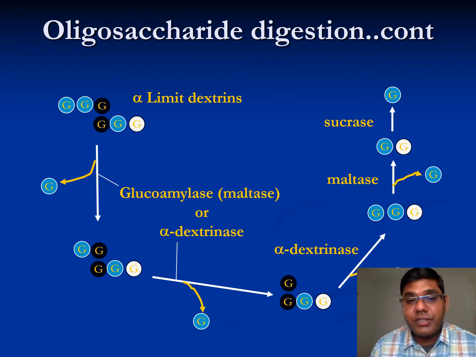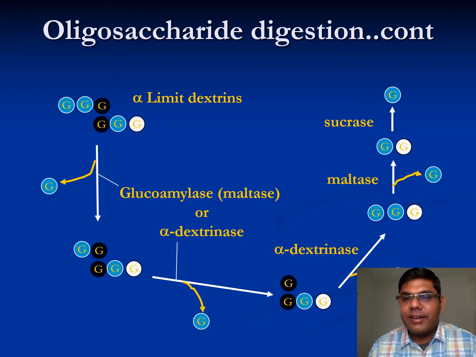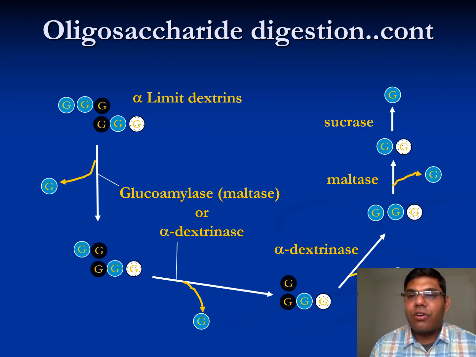These are further acted on by alpha dextrinase, till the branch point, where another glucose unit is removed, and this keeps on acting till there is a straight chain, which is the maltotriose. From maltotriose, when you remove one more glucose, it becomes maltose, and then individual units of glucose are obtained by the action of sucrase.